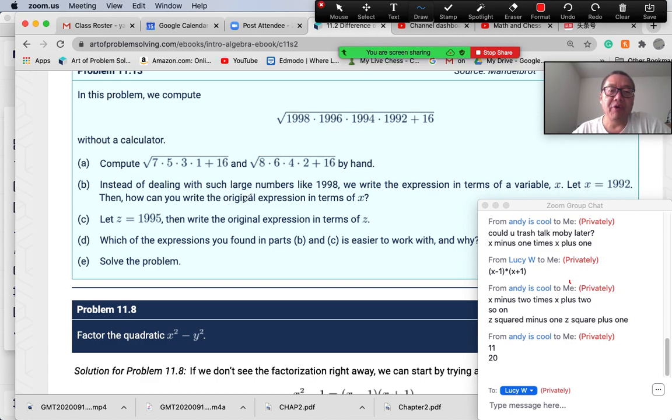Then how can we write the original expression in terms of x? If we set this one equals x, this one will be x plus 2, this one will be x plus 4, and this one will be x plus 6, right? That will be like this.